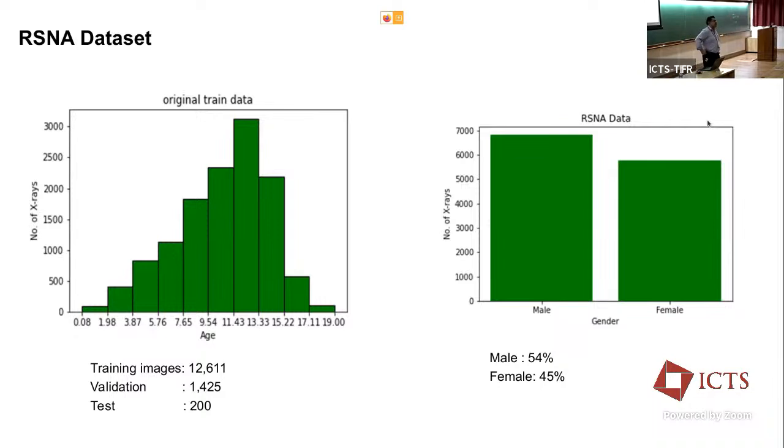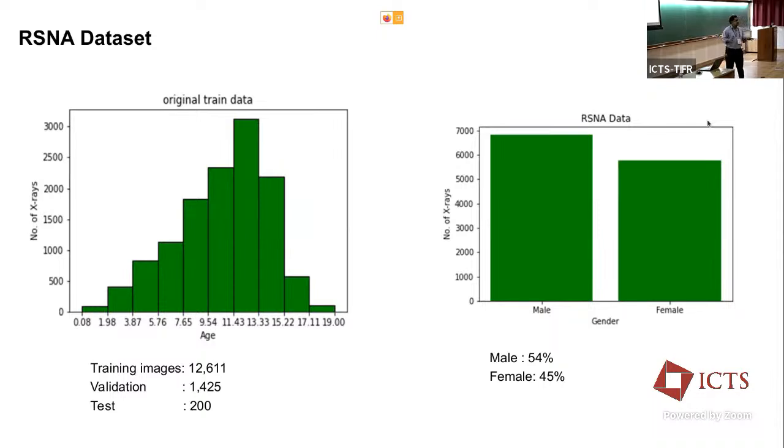So that is one caveat that one has to remember in applying this in the clinic. If you had a machine learning algorithm trained on the RSNA data set, you would have to ask, is this really good enough to apply to very young children? That is a question that we are working on addressing, and it's a very important question for us. So this histogram is extremely important to keep in mind.